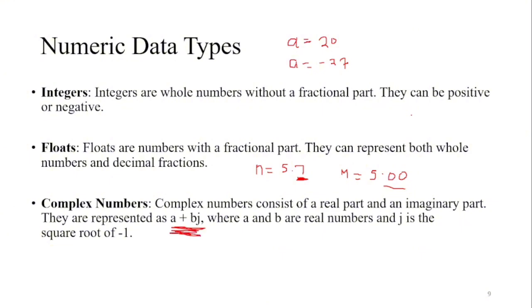So what do a, b, and j represent? a and b represent the real numbers, and j is the square root of -1, or simply the imaginary part in our complex data type.